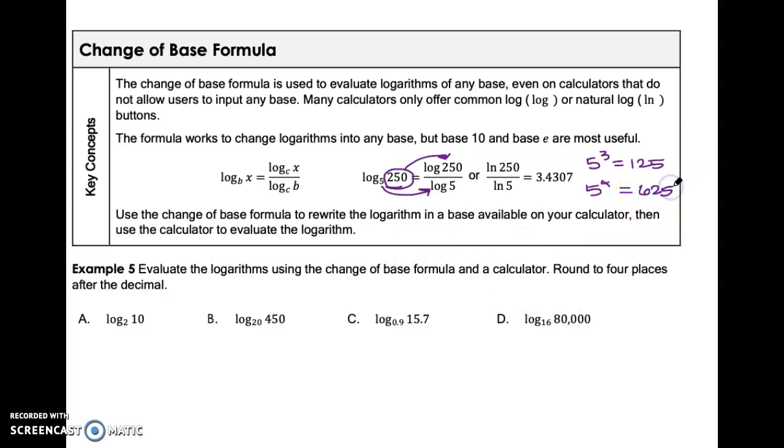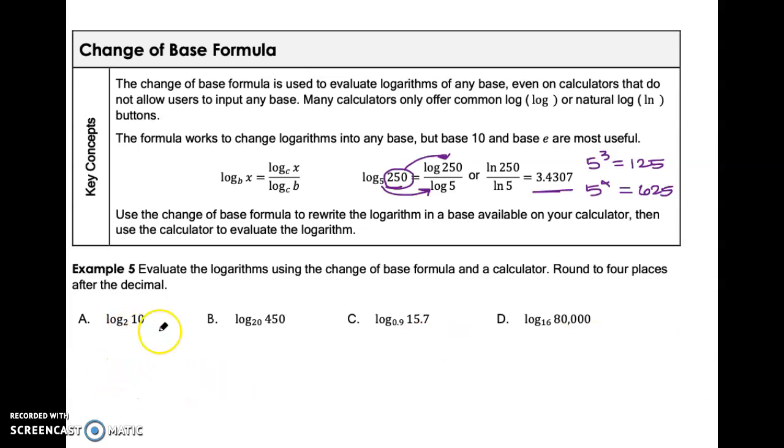So 250 is in between 125 and 625, which means that my exponent should be in between 3 and 4. And we see here that 3.4, which is our exponent, is in between 3 and 4. So using some of that estimating in your head can be helpful just to make sure that you have the correct answer.